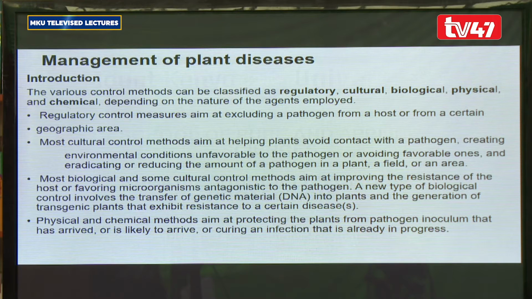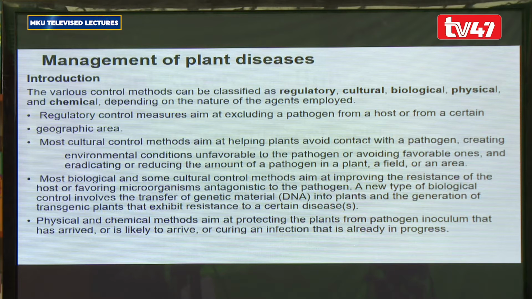Assuming we have a certain plant virus which is not found in Kenya, the only way we can prevent its arrival is through regulation, that is inspection and certification, so that as we import plant materials, including seed, we are sure that we are not introducing a new disease. We know that most of the cultural methods also aim at preventing plants from coming into contact with a pathogen, that is, creating an environmental barrier or conditions that are not favorable to the development of the disease.